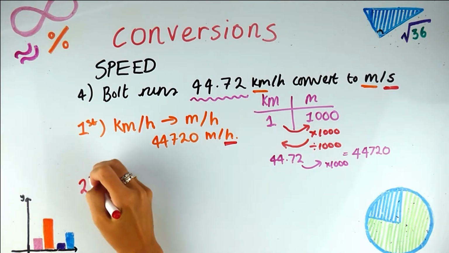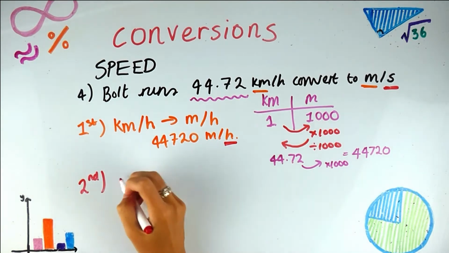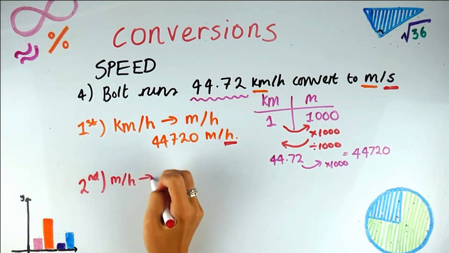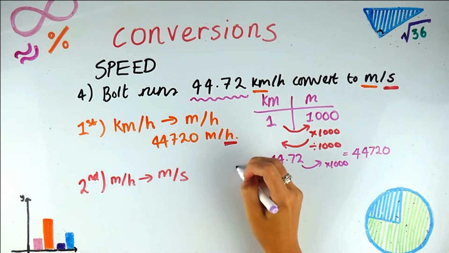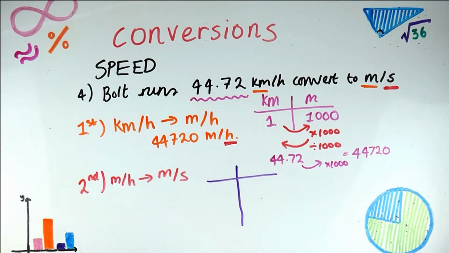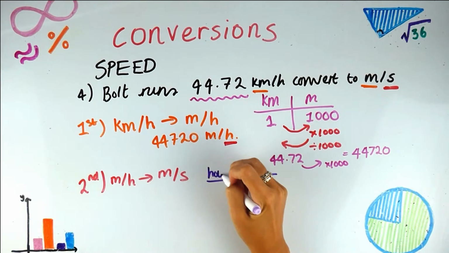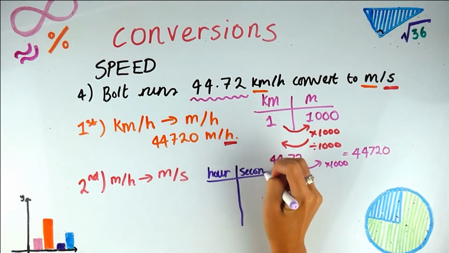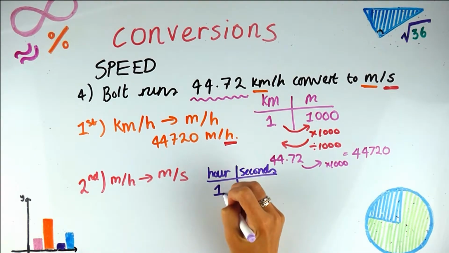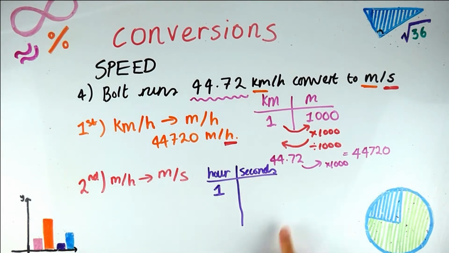Okay, so second part, we're converting from meters per hour to meters per second. So this is the trickier bit. So if I'm going to do the columns for this one, if I have hour here, so that's per hour, per second, and seconds here, I know that 1 hour has how many seconds?